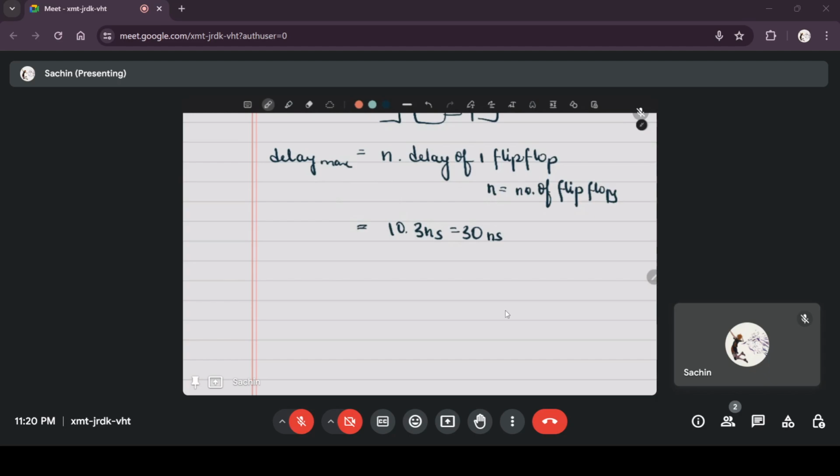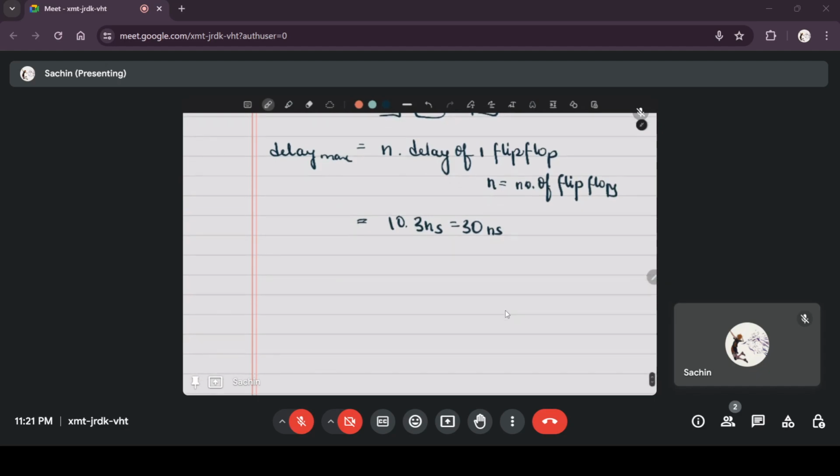The frequency at which it operates should have a time period that is greater than 30 nanoseconds.